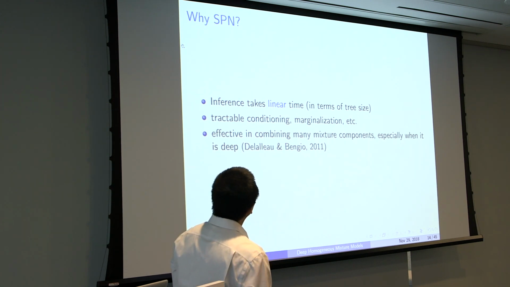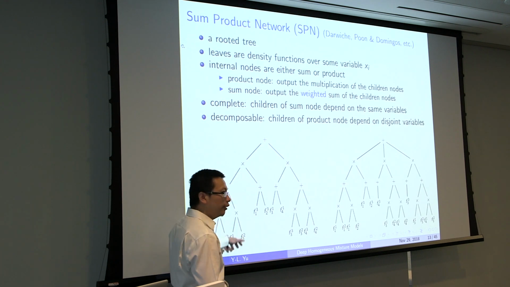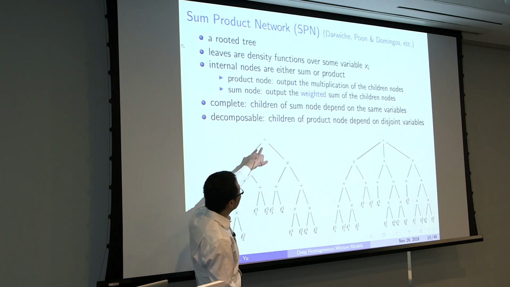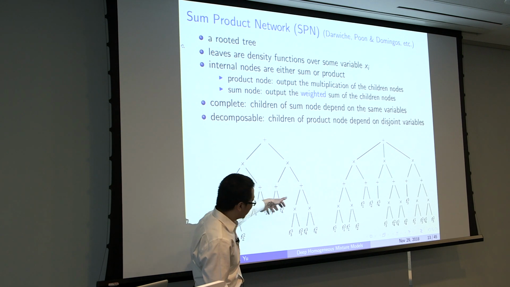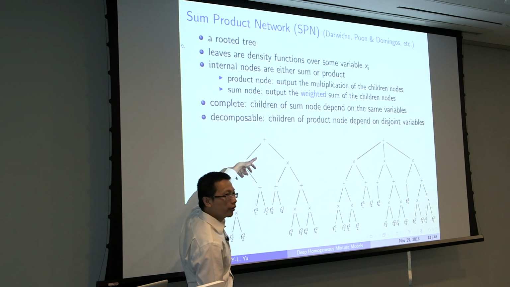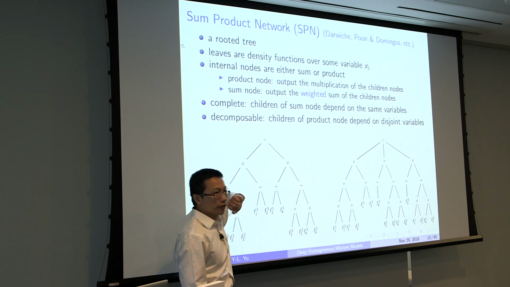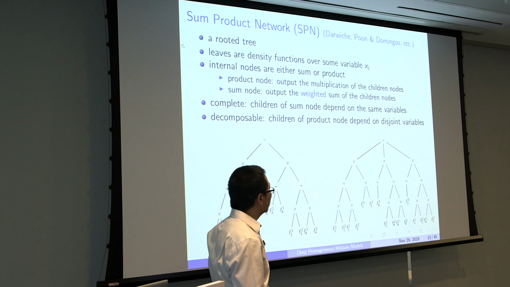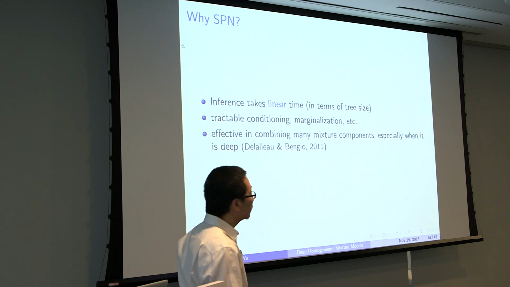Whereas for sum product networks, inference takes linear time, because when you do inference, you just insert the values at the leaves and then propagate along the network. When you arrive at the root, you get your result. Right? So computation is linear time in the network size.